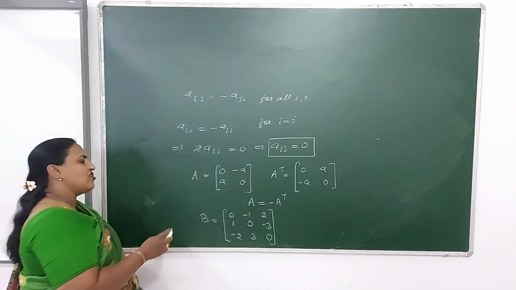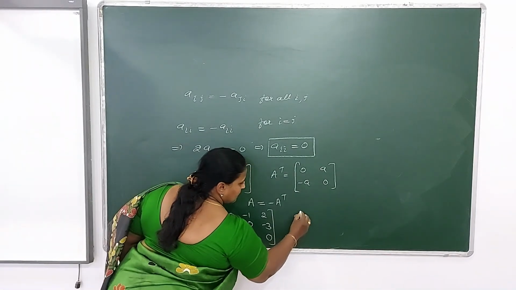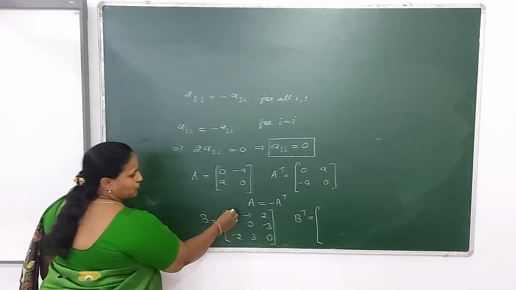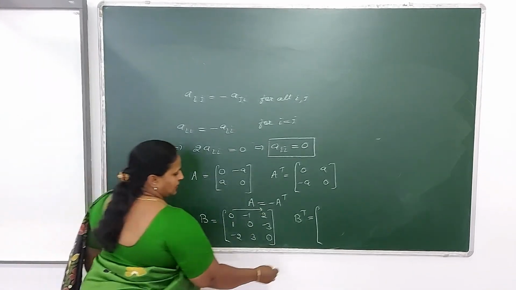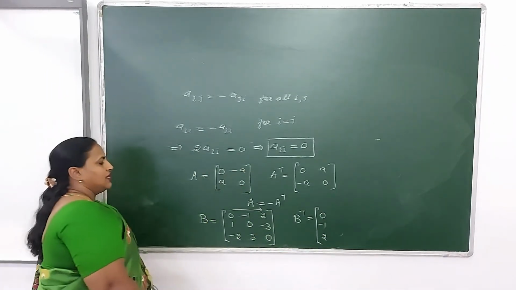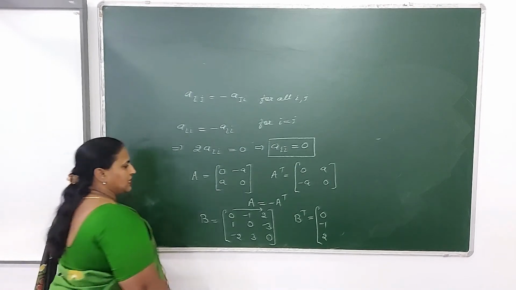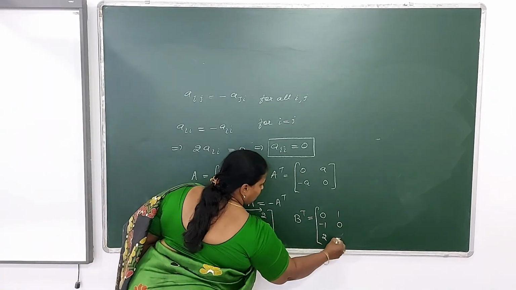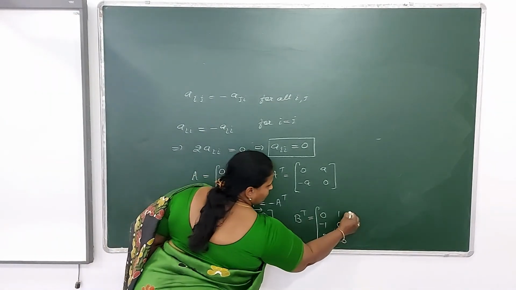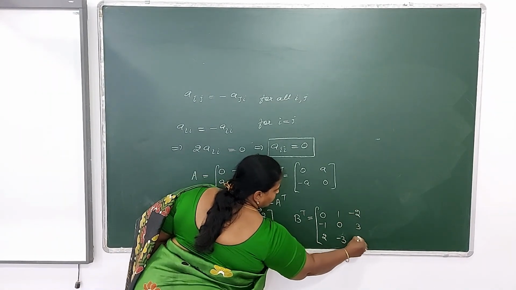What will be the transpose of this? Transpose of B matrix will be: this is the first row, make it as first column. So it's 0, minus 1, 2. Second row 1, 0, minus 3. The third row minus 2, 3, 0.